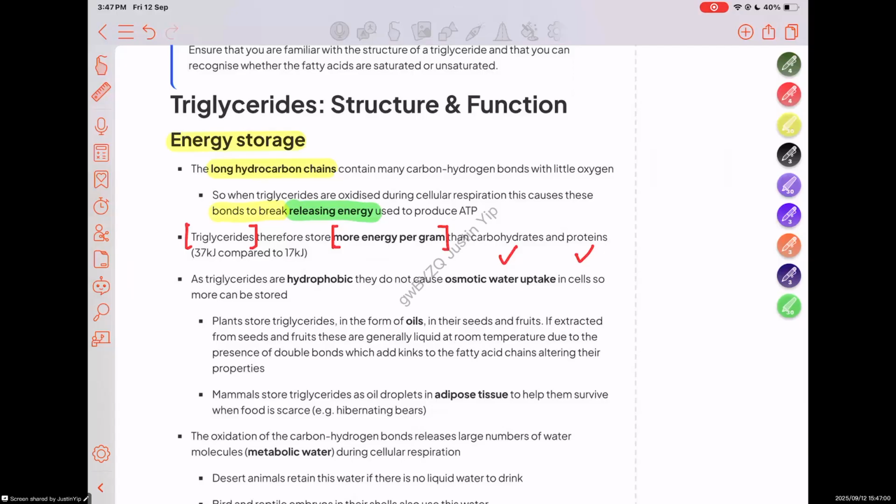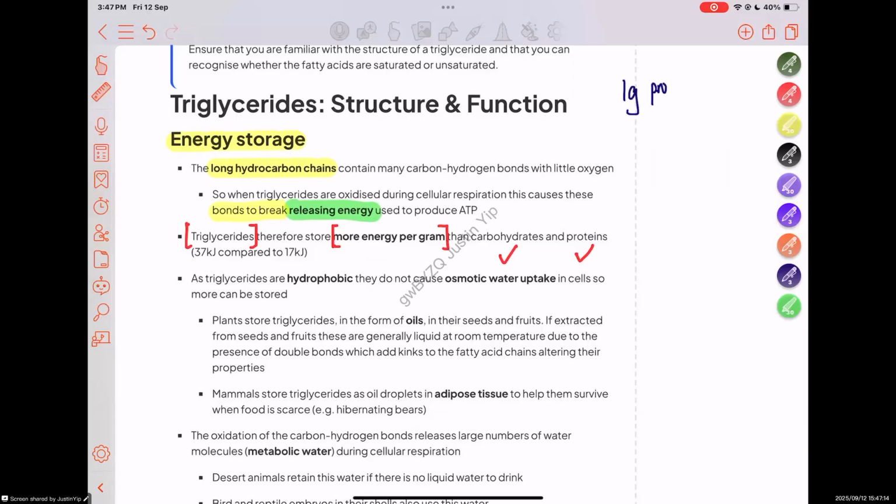That's why you will encounter people saying don't eat so much oily food. Why? In terms of nutrients, in pharmacy we learn that 1 gram of protein or 1 gram of carbohydrate gives you 4 kilojoule of calories.